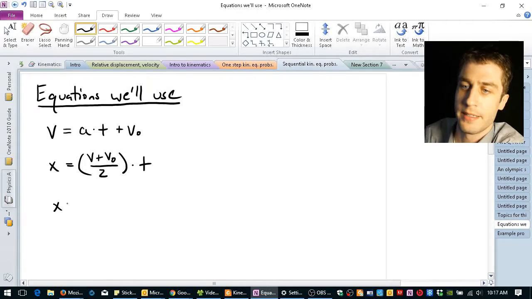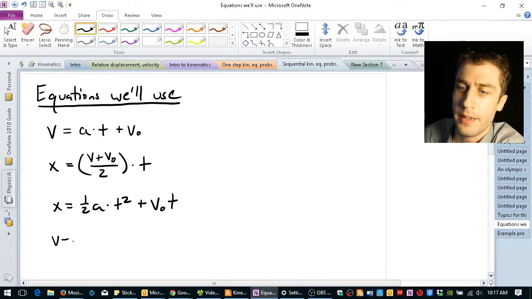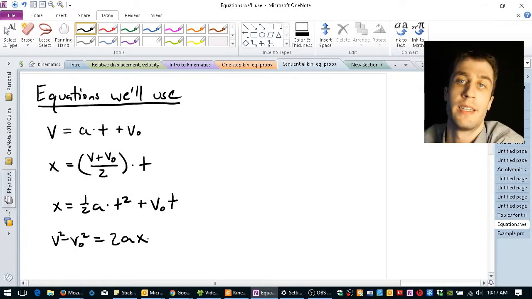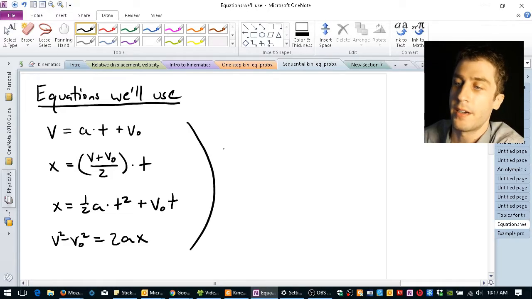Next one is x equals 1/2 a t squared plus v naught t, and then no x naught at the end. And then finally, v squared minus v naught squared is equal to 2ax, and once again, no x naught. Okay, so these collectively are your kinematic equations.